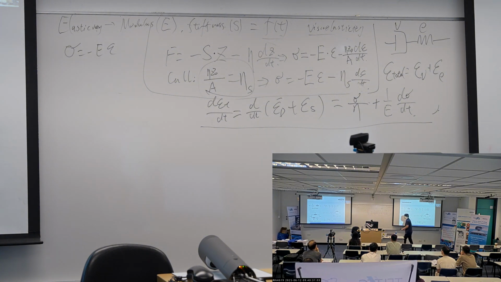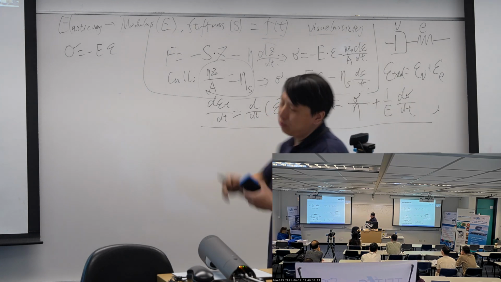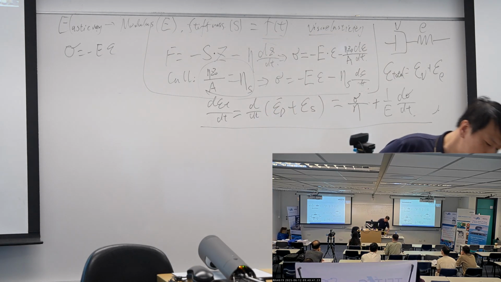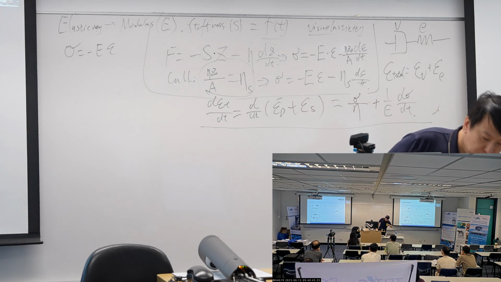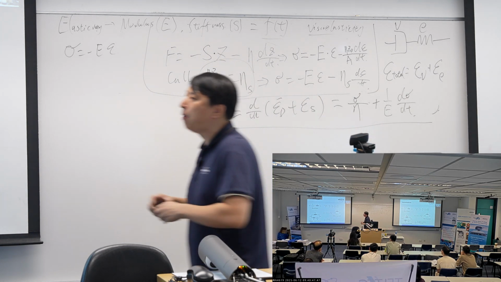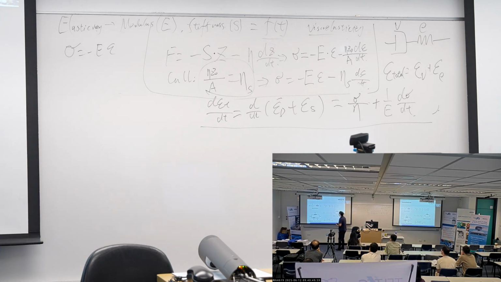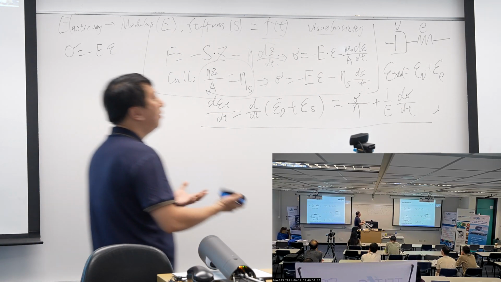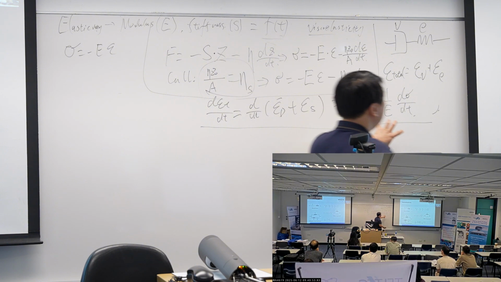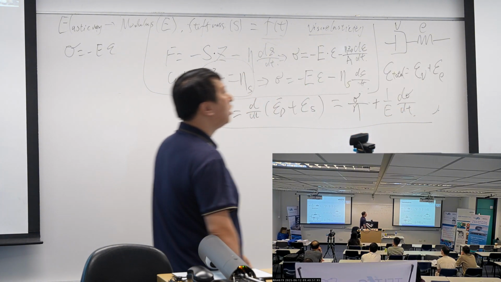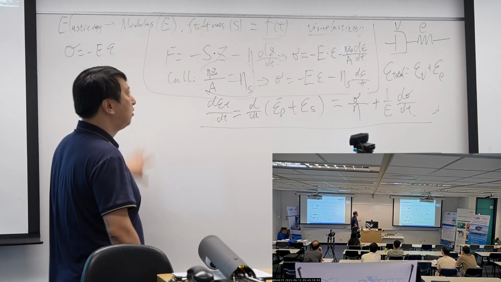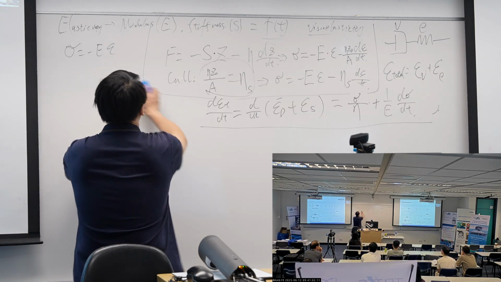To solve this one, Maxwell thought about an experiment, to see how to better solve this equation, or how to better describe his model.